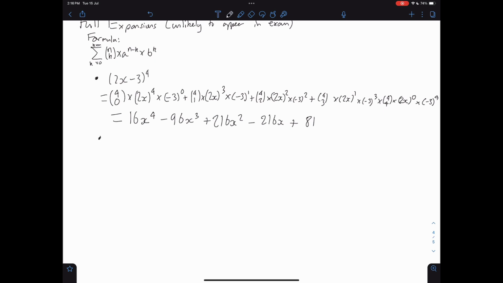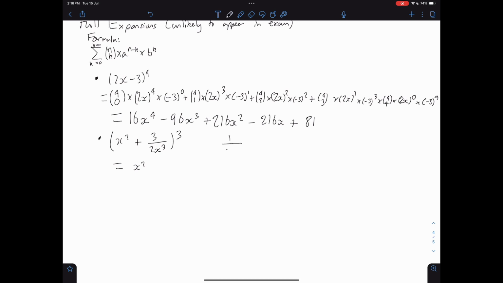Okay, so next example, we'll have x squared plus 3 over 2x cubed, and we'll raise all of that to the power of 3. Now, I would recommend just rewriting this at the start.